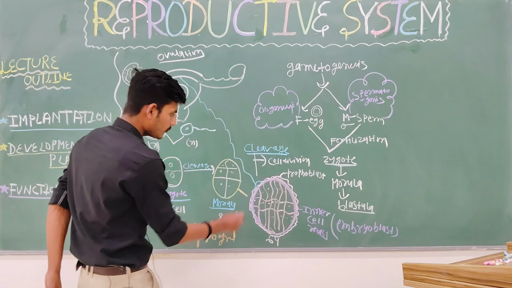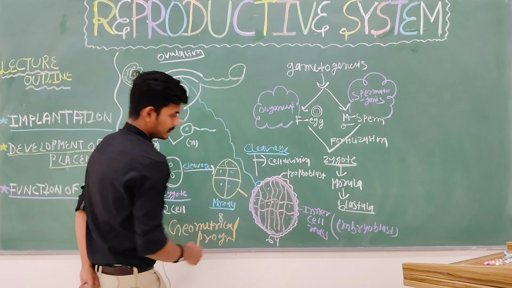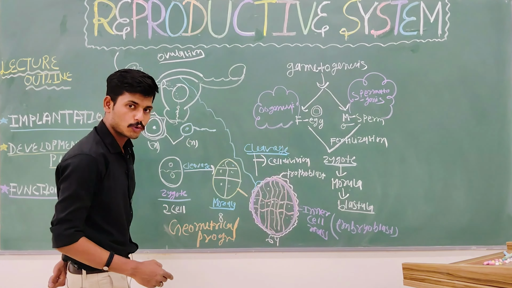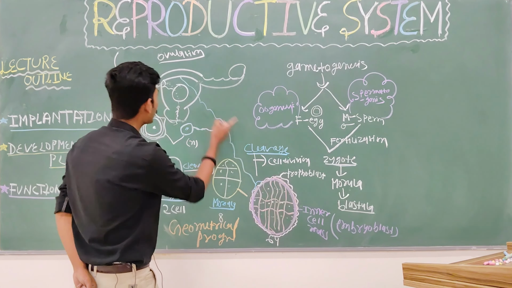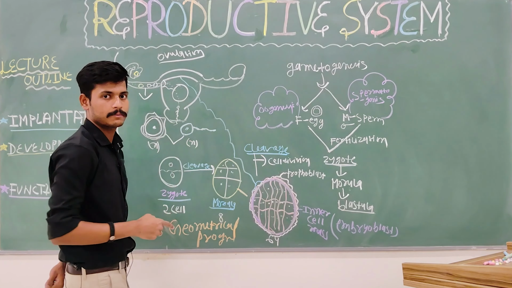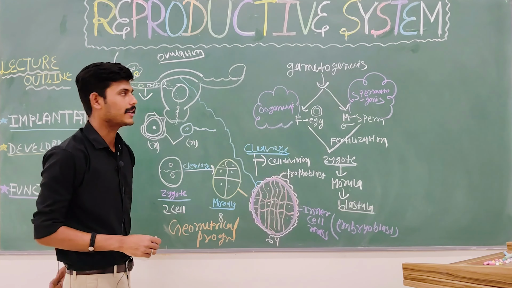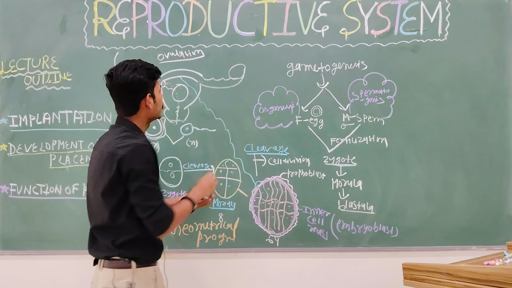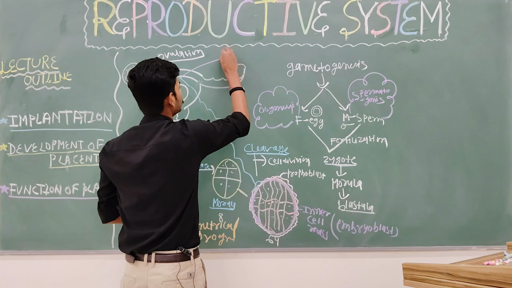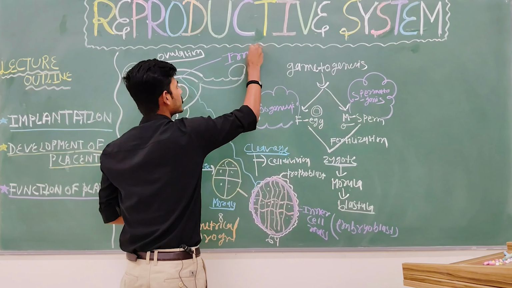Now, this 64-cell structure, referred to as the blastula or blastocyst, gets attached to the endometrium, and this process of attachment is referred to as implantation. Am I clear?